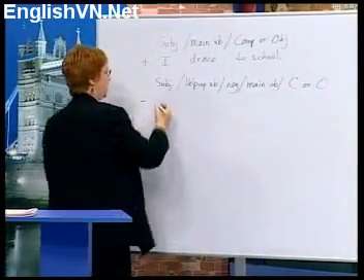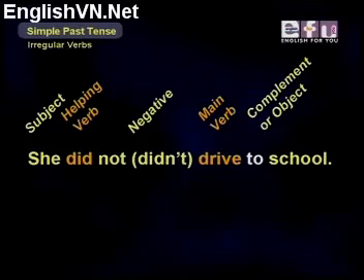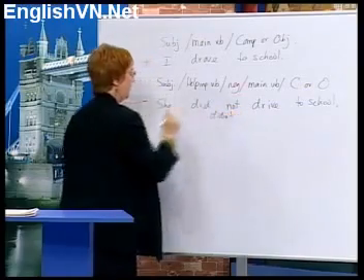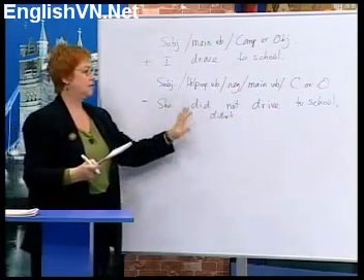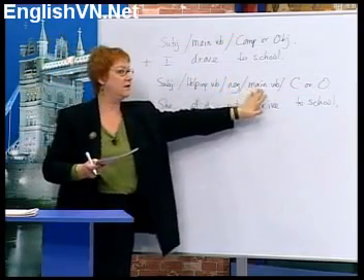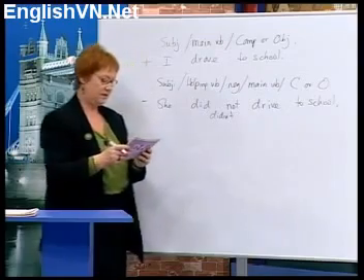Okay, so she did not drive to school. Or we could say didn't, if we put these together. She did not drive to school. Subject, helping verb, negative, main verb, complement or object.